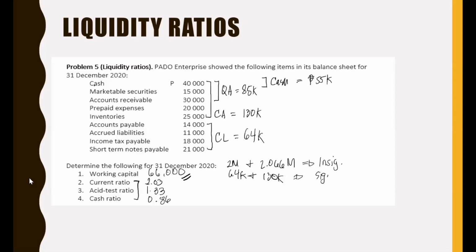So, you really have good liquidity standing. However, the company is not efficient in managing its resources, because that 5 million can be invested into a more profitable venture that will earn the company, of course, more income. So, that becomes the problem. So, always remember, anything in excess is bad. Okay, so it should just be at a proper level.